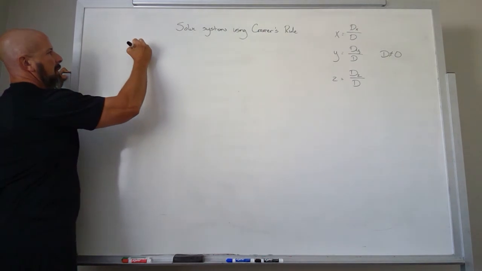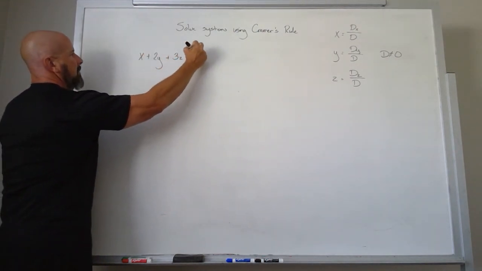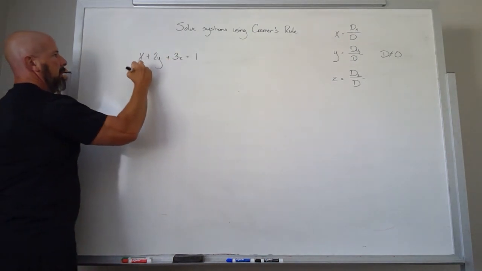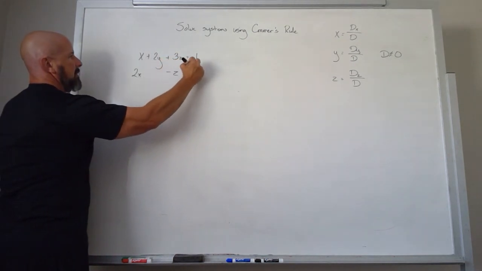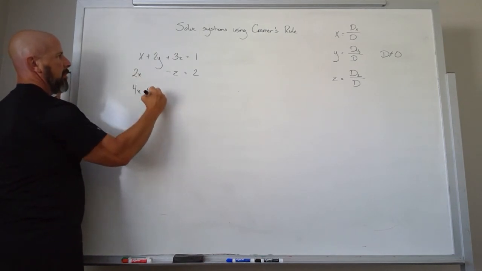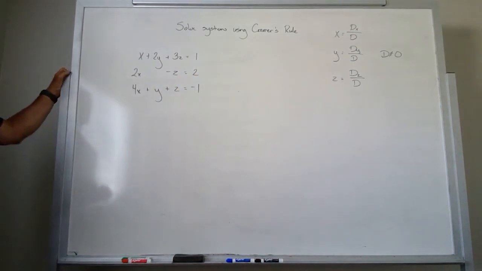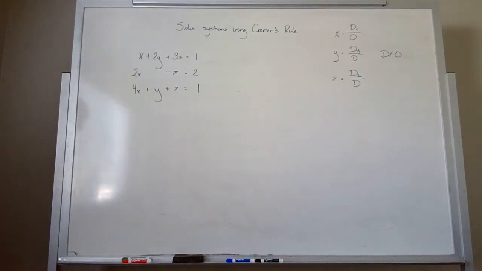Let's go x plus 2y plus 3z is 1, 2x minus z is 2, and 4x plus y plus z is negative 1. So there's my 3 by 3 system. I know I don't have a y in the second row, but that just means that coefficient is 0. So we could write in a plus 0y if it helped us.